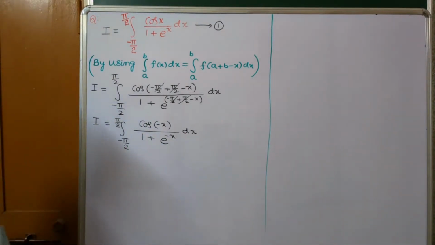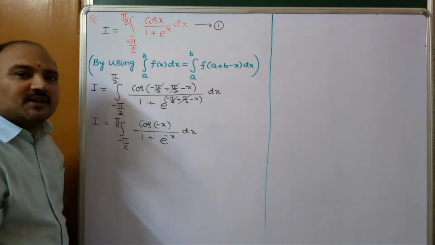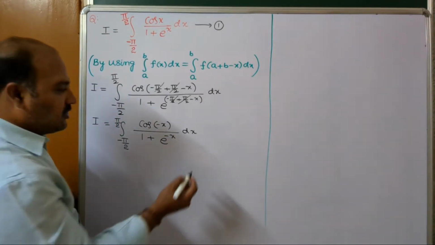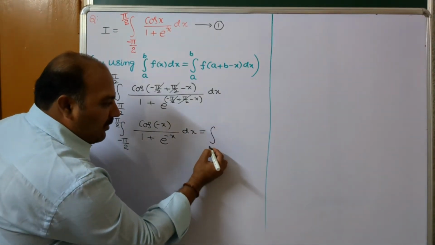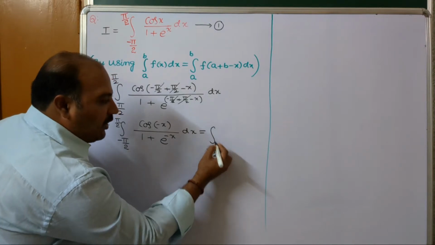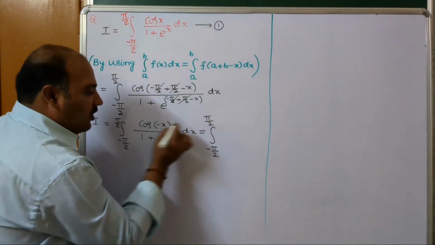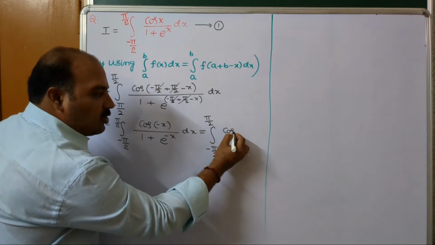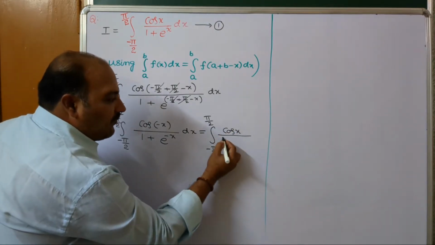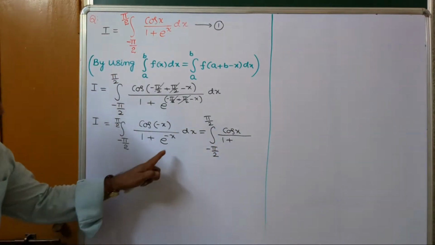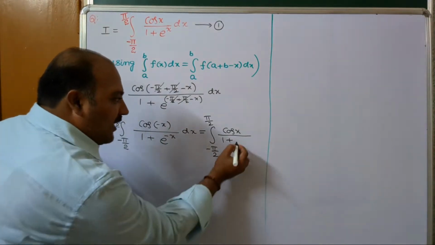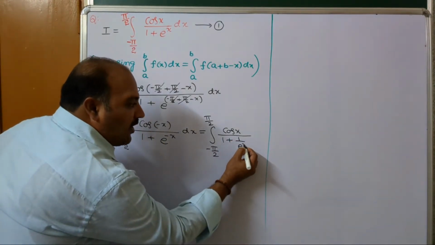After that, cos of minus theta is cos theta only. So integral minus pi by 2 to pi by 2 cos x by 1 plus e power minus x, we can write it as 1 by e power x into dx.